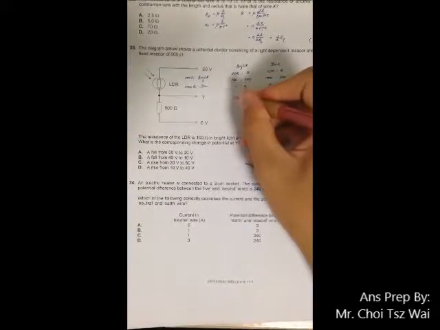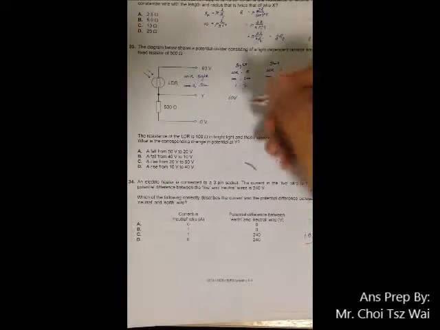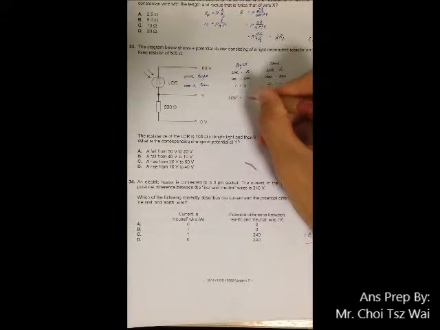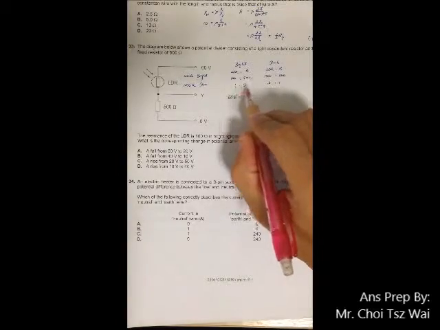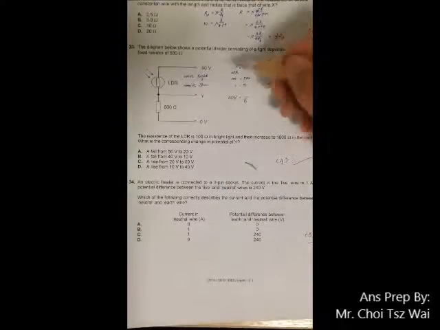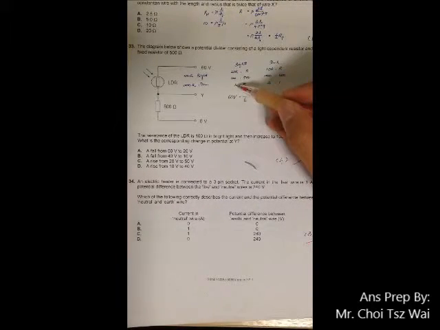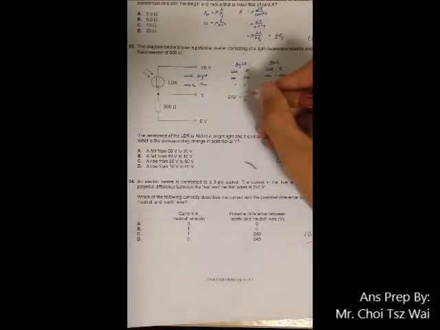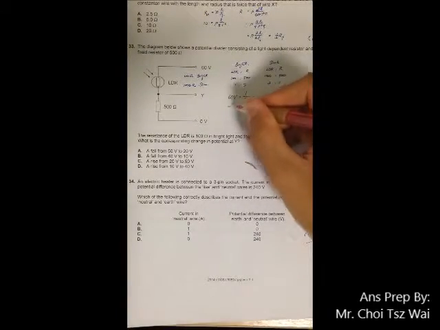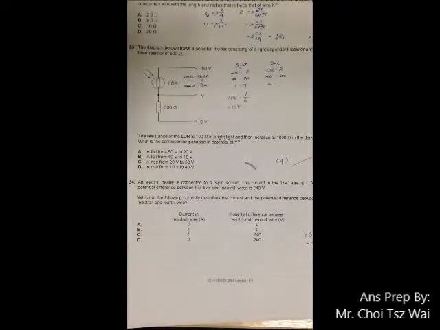So down here, if you have 60 volt, you are going to share it in 6 parts because the ratio is 1:5, right? So you're going to go into 6 parts, and the potential difference for the LDR will take up 1 out of the 6 parts. So once you do that, you know that the potential difference across the LDR will be just 10 volt.